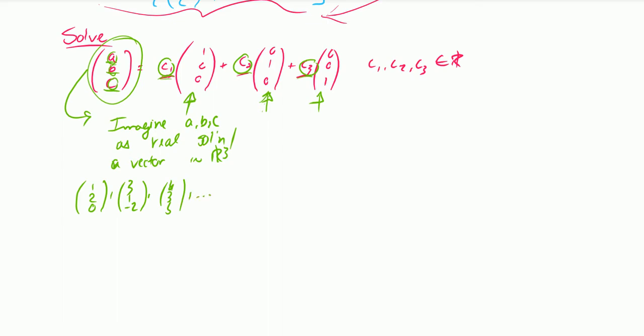So (A, B, C) can be any of these. It can be any possible vector in R3. That's basically the definition of the vector space R3.